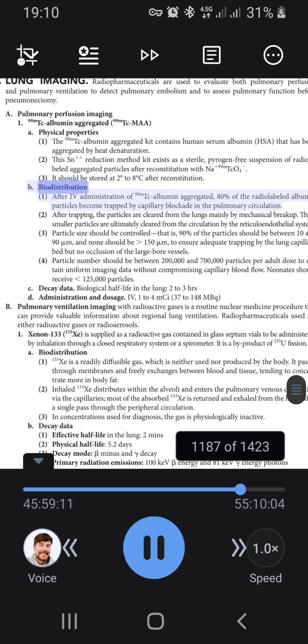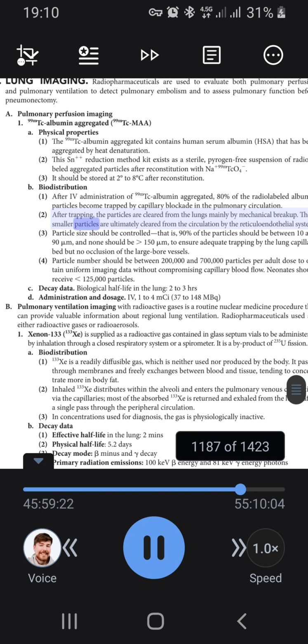B. Biodistribution. 1. After IV administration of 99mTc albumin aggregated, 80% of the radiolabeled albumin particles become trapped by capillary blockade in the pulmonary circulation. 2. After trapping, the particles are cleared from the lungs mainly by mechanical breakup.